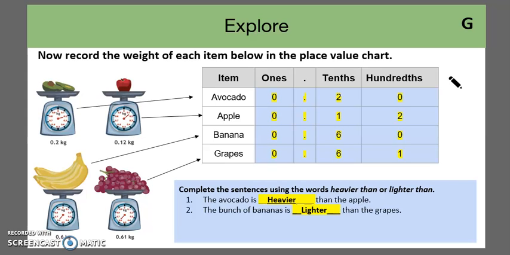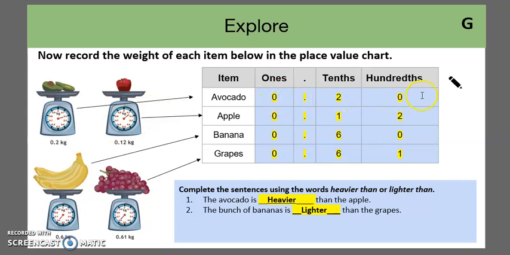So hopefully you worked through the problems and here are the answers provided so that you can check your work and see if you got this correct. When filling out this table, you want to make sure that when we're looking at the first one for avocado, we see that it is 0 and 2/10.